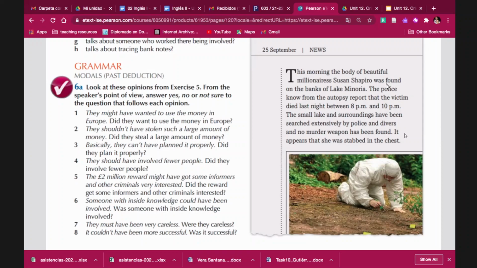La traducción del inglés al español sería, ellos no debieron haber robado tal cantidad de dinero o tan grande cantidad de dinero. Entonces, la pregunta es, ¿robaron esa cantidad de dinero? Pues sí. Sí, porque el shouldn't le pertenece al robo. ¿Pero qué tipo de robo? De la gran cantidad de dinero que se robaron. Porque estamos hablando de how many million? 50 million pounds. ¿Sí? ¿O no? ¿O más o menos?